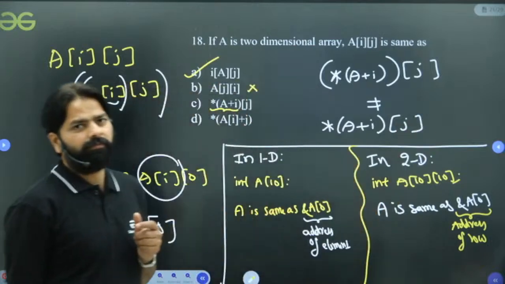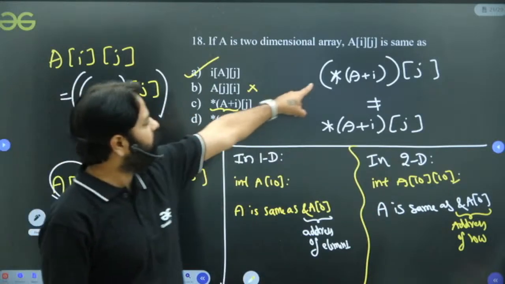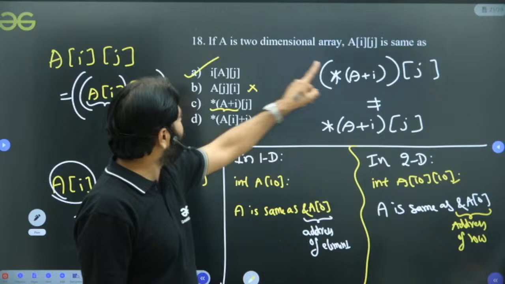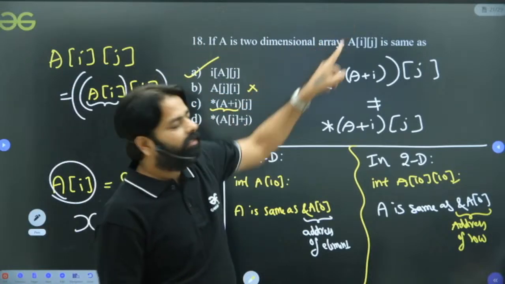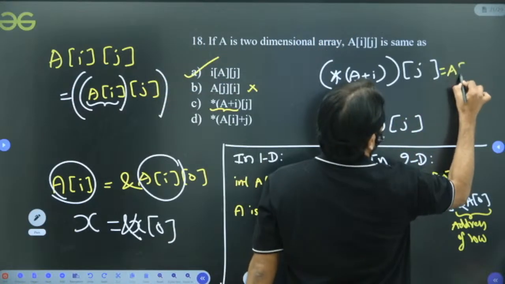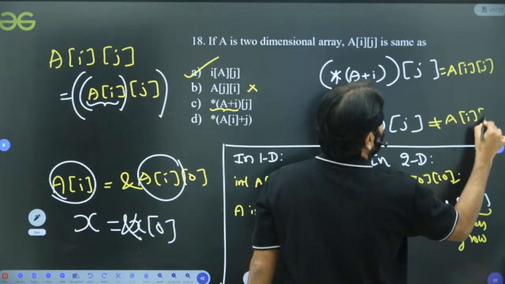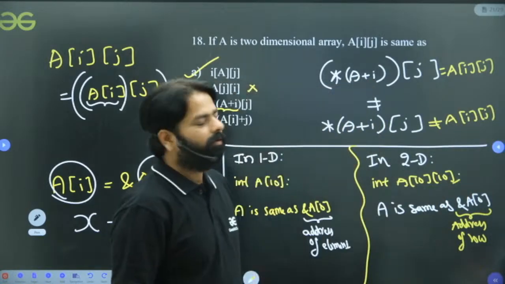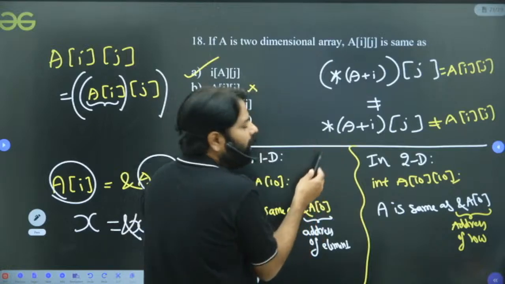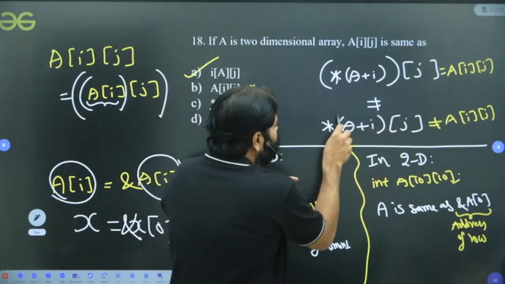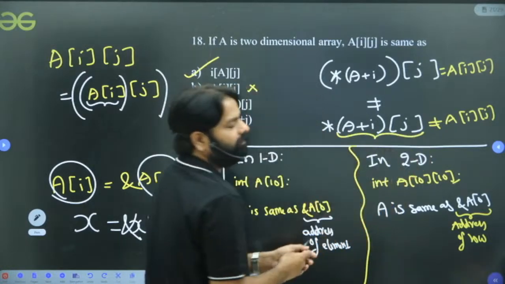Everybody agree? What you were thinking was this, and this is absolutely same as a of ij. This is equal to a of ij, no doubt. But this is not equal to a of ij. Do you know why? Because here this star has less precedence than the slice. So here this one is evaluated first.